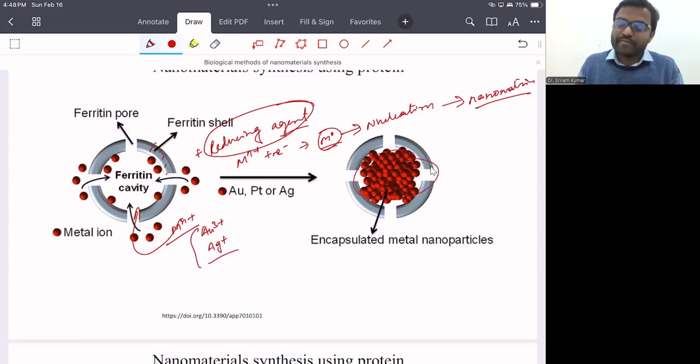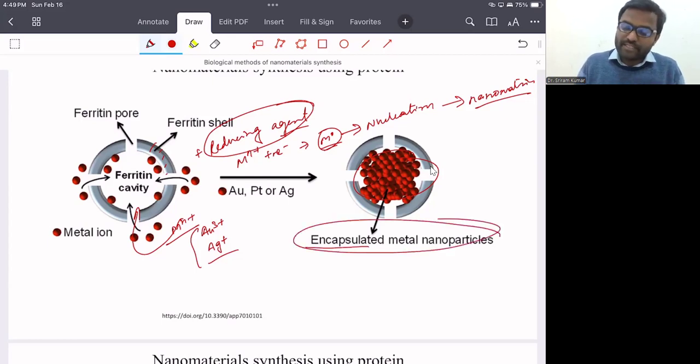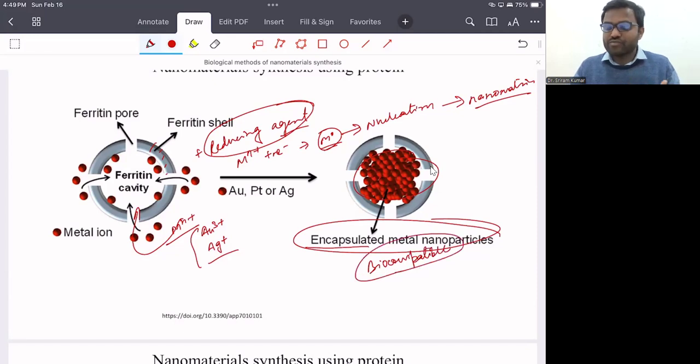We have here the nanomaterial nanoparticles inside ferritin, encapsulated with this protein, and that makes this biocompatible in nature. We can use this for different applications, depending on the further functional modification.